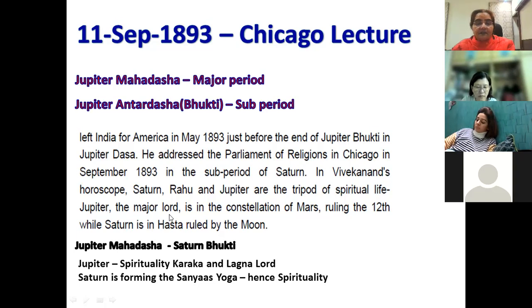Jupiter, the major lord of the Mahadasha, is in the constellation of Mars. Now this is what we have to check in detail: Jupiter is in Mars Nakshatra. Constellation means Nakshatra. Jupiter is in Chitra Nakshatra, and Chitra Nakshatra is owned by Mars. How will you see?